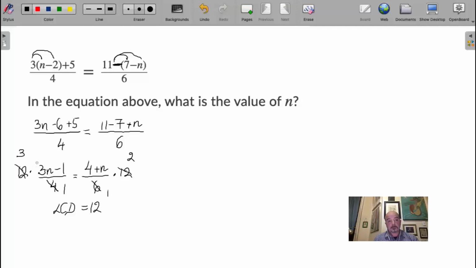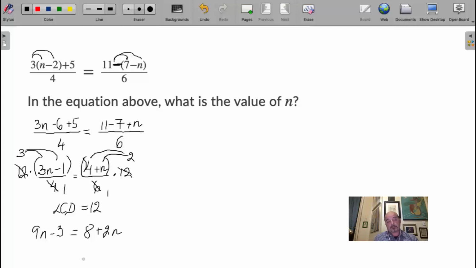At this point, you may want to add parentheses to remind yourselves that whatever numbers you obtained need to be distributed to all the terms on the side of the equation where that number was obtained. So in this case, we obtain 9n minus 3 equals 8 plus 2n.